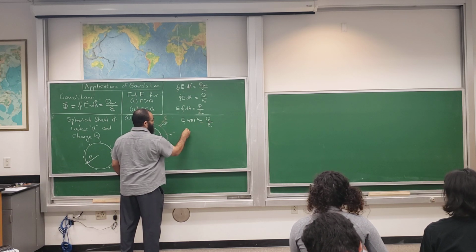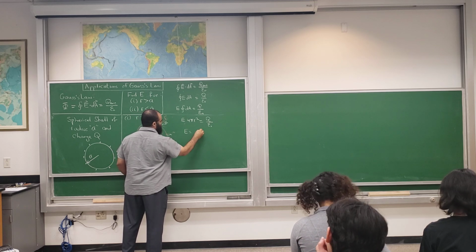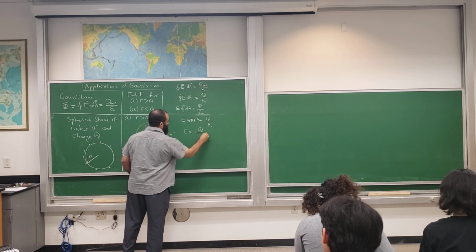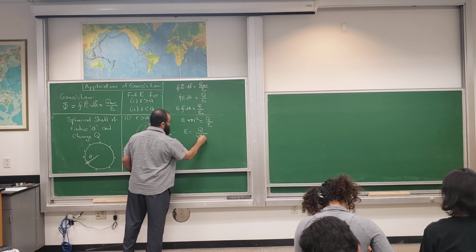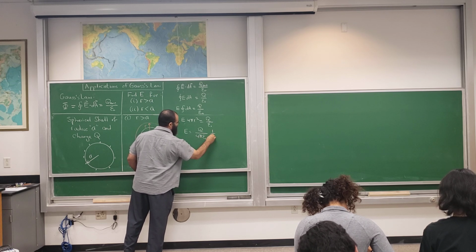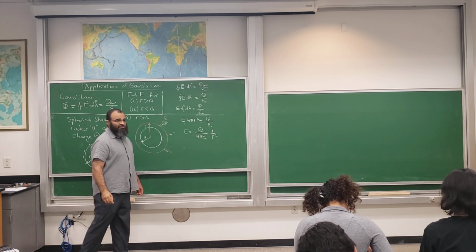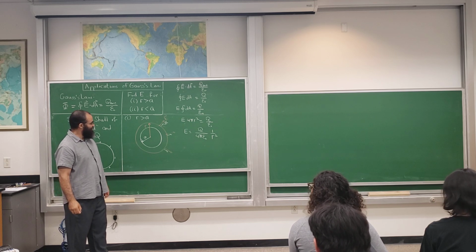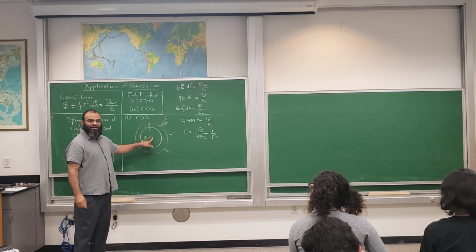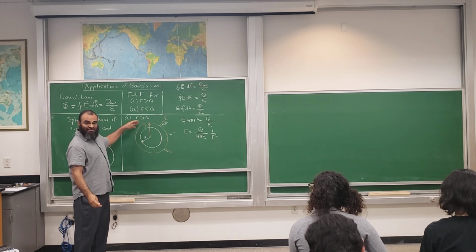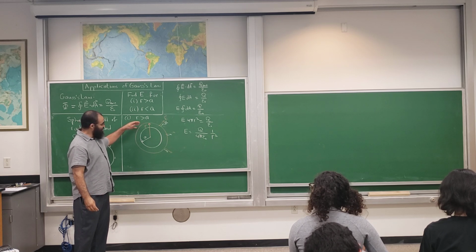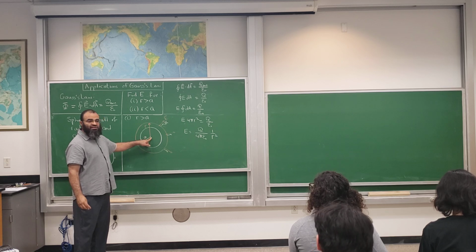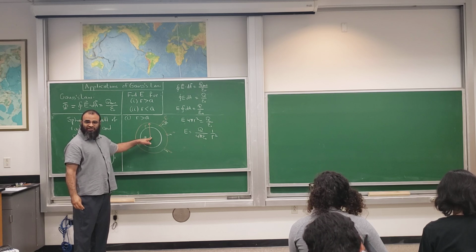So E then becomes Q over 4 pi epsilon naught, times 1 over r squared. That's the magnitude of the electric field. It looks like kQ over r squared, a point charge. So when you're outside of the shell, as I mentioned before, now we have proven it: it looks as if it's just a point charge sitting at the center of the shell.